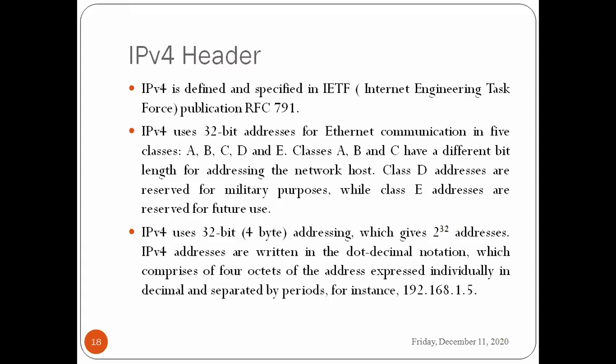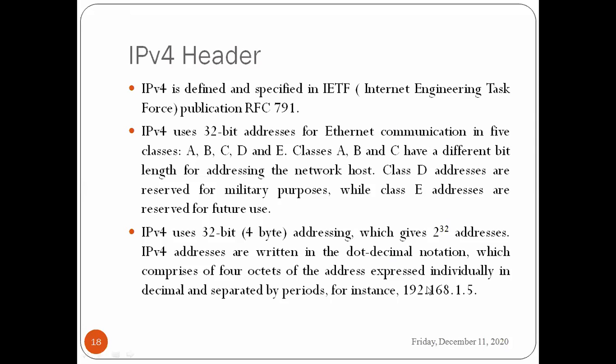These are the different ways of organizing IP addresses, the IP address classifications. So Class A, Class B, Class C. What is the size? We can remember that one. IPv4 uses 32-bit, 4-byte addressing, which gives 2 to the power 32 addresses. IPv4 addresses are written in dot decimal notation, that is 192.168, as I have shown you here.